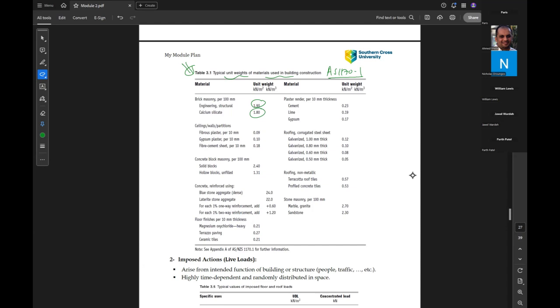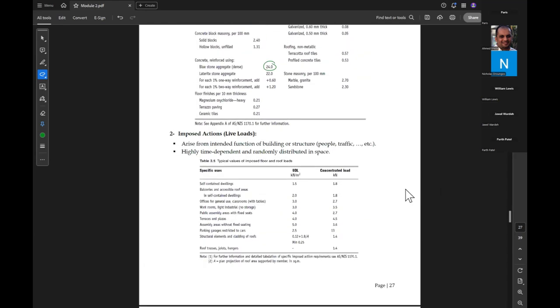Also, for example, for roofing or corrugated sheets, if the thickness is 1 millimeter, the unit weight is 0.12 kilonewton per square meter. For example, concrete reinforced with bluestone aggregate is 2.24 kilonewton per cubic meter, and so on. So this table gives us some idea about the dead loads.